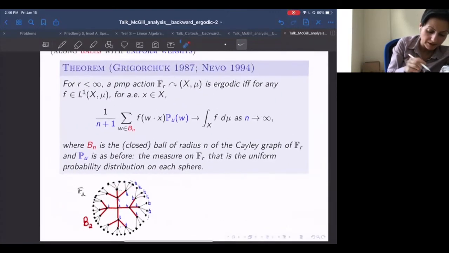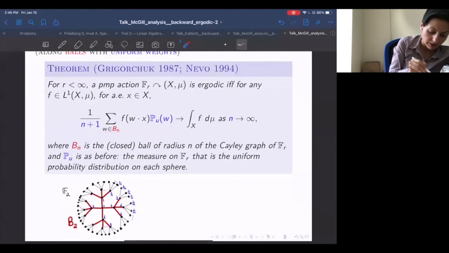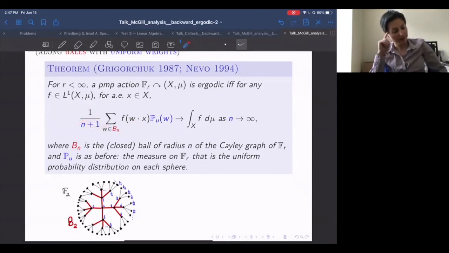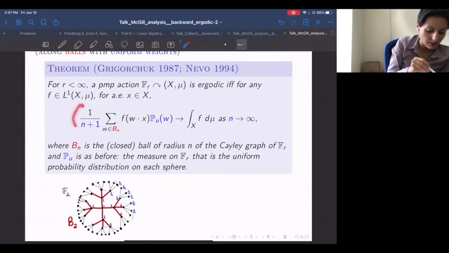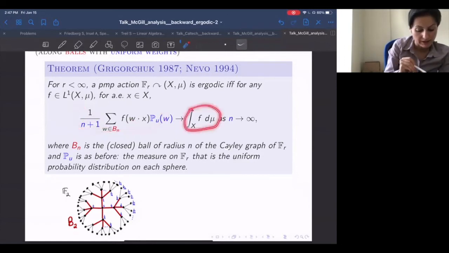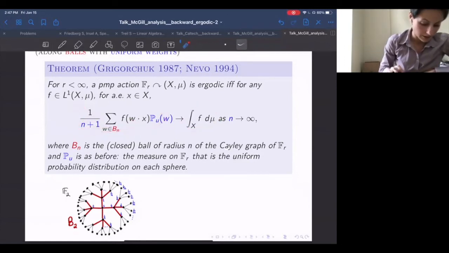Then the weighted average is the sum times the weight divided by the total weight. The total weight is n+1 because the closed ball of radius n includes n+1 spheres, and any sphere has weight 1. So this says that the weighted average converges to the expectation. Now this is the Grigorchuk and Nevo theorem.